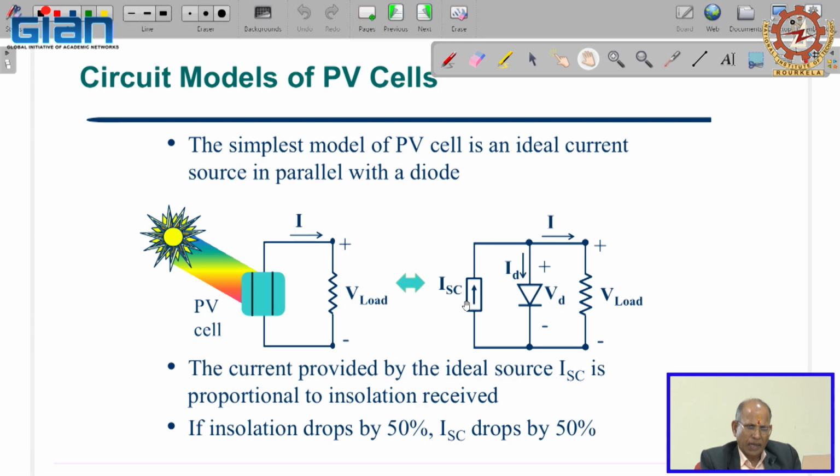You have this current ISC, the ideal source current ISC, then the diode current and this current. Of course, at this junction you can apply KCL. So obviously ISC is equal to ID plus I. And this current ISC is proportional to the sunlight or insolation.